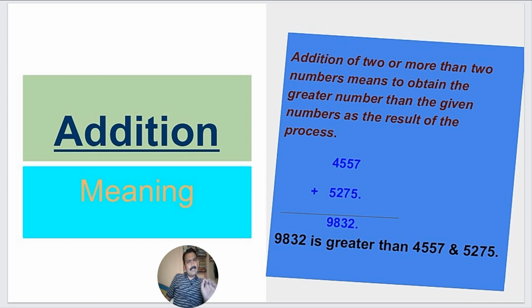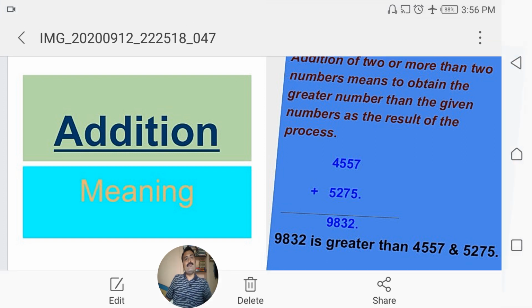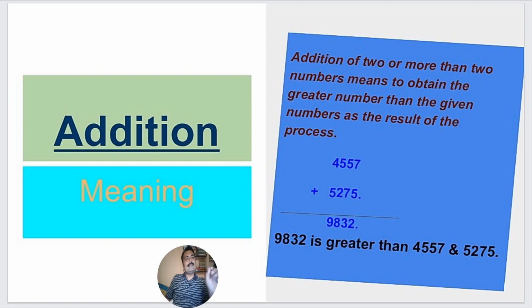So from this example we are explaining the meaning of addition, that when we add any two or more than two numbers, the result, that means their sum that we get, is always greater than the given numbers. So that's the meaning of the addition process.